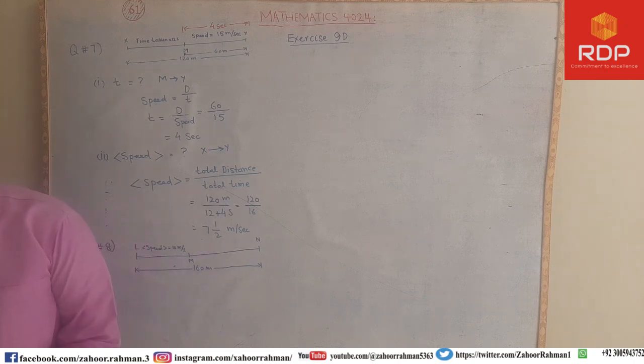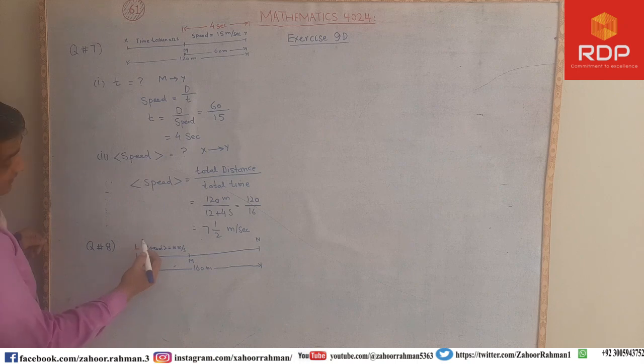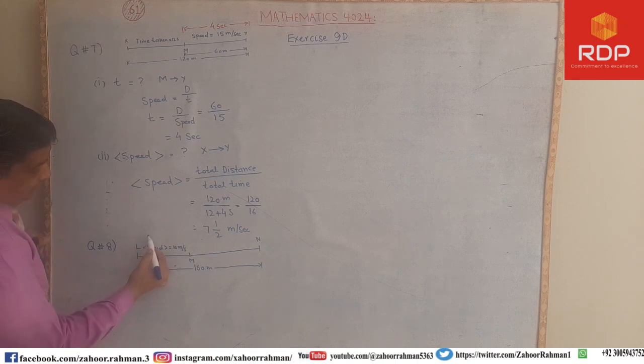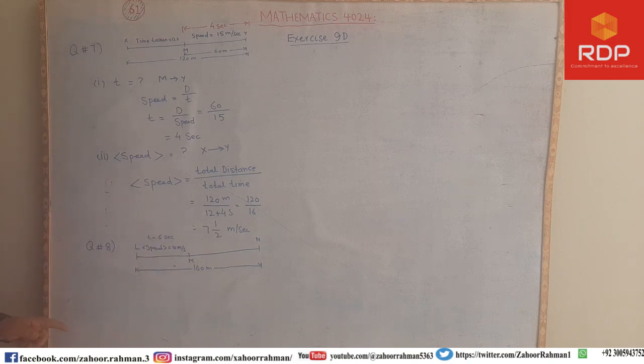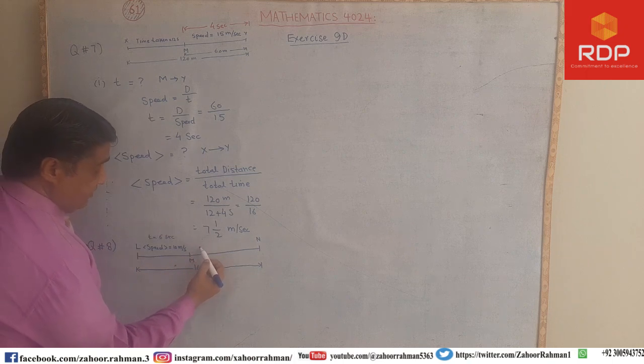Be careful to take this data very precisely. At an average speed of 10 in 6 seconds. Here another piece of information which is given is 6 seconds. These two pieces of information are given. And then from N to M with an average speed of 25 meter per second.